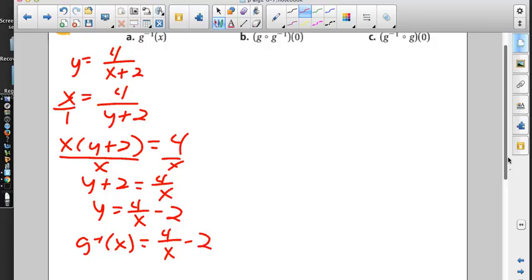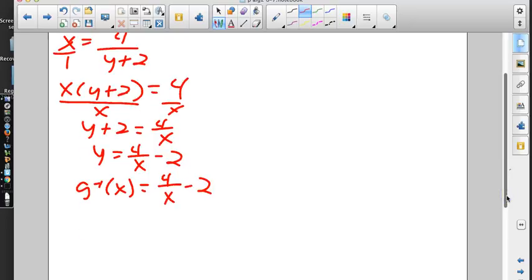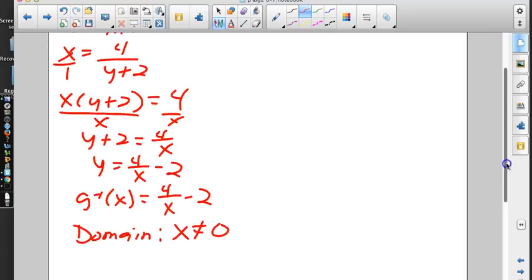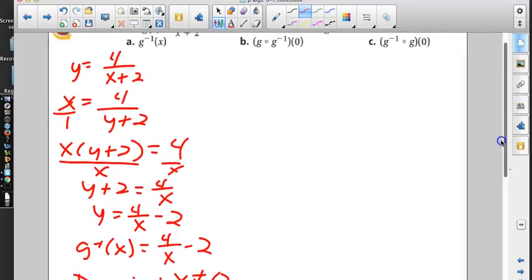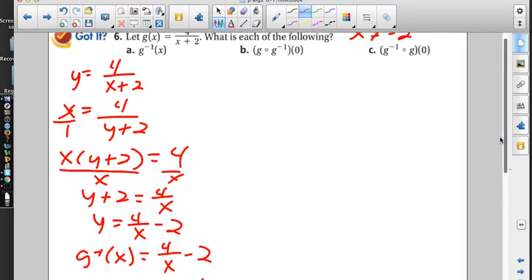But I think we have a new issue. What's our new issue? Can't be 0. So, the domain for this one is x can't be 0. That just eliminates some work for us looking at B and C.